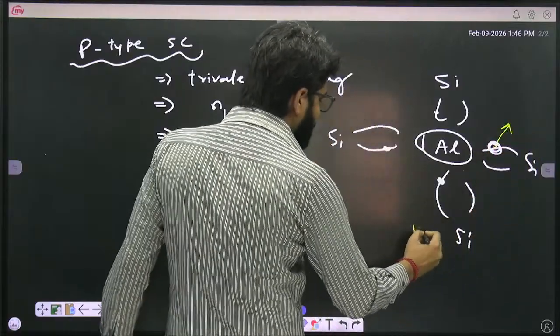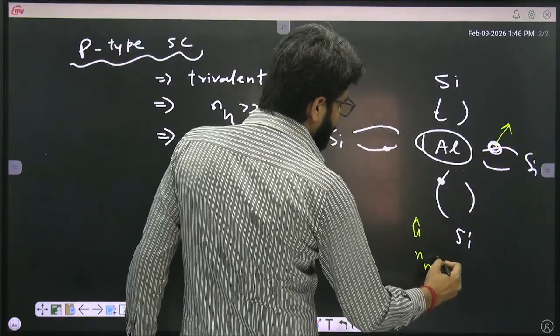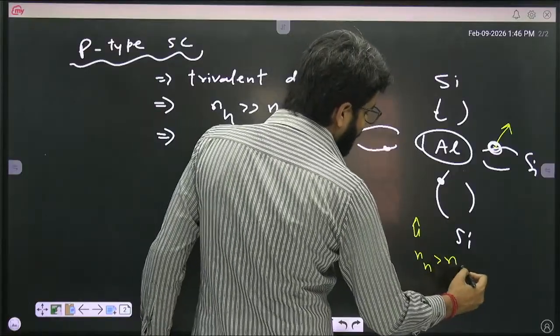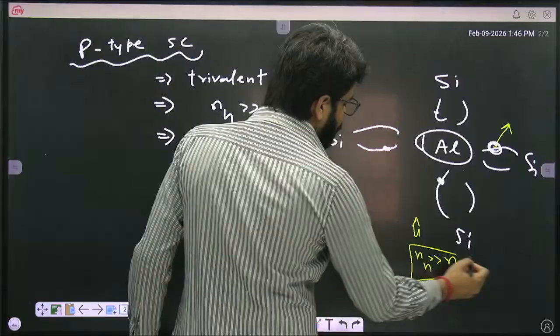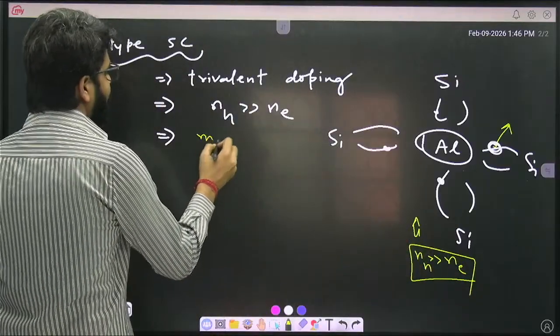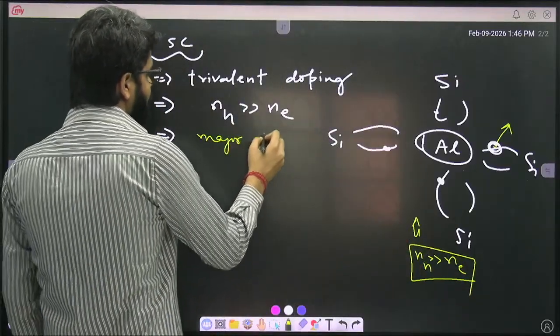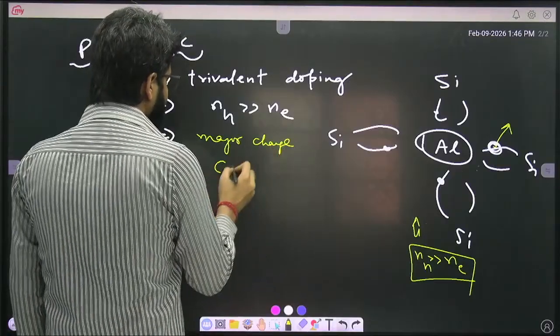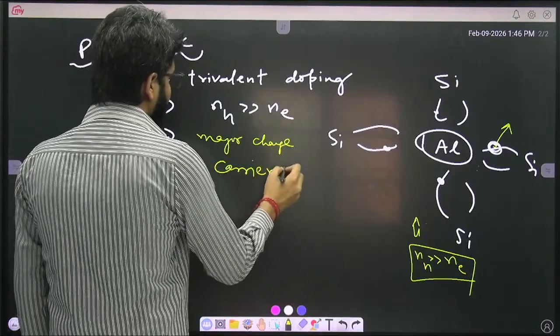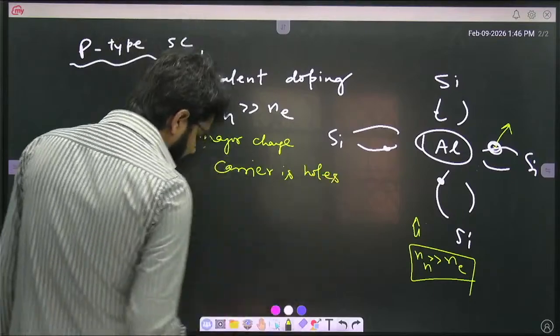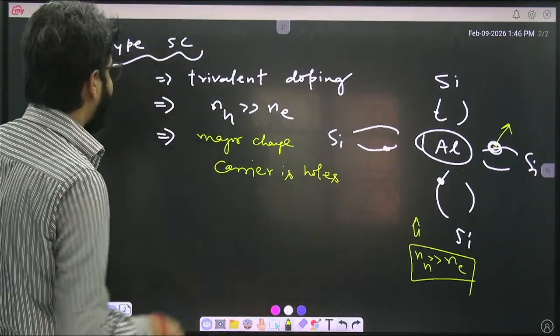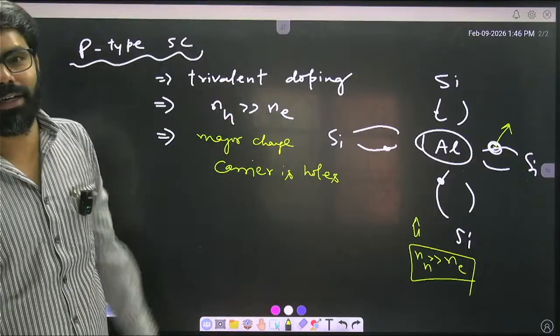When we give heat, the number of holes NH would be very much greater than the number of electrons. So what is the majority charge carrier? The majority charge carrier is holes.